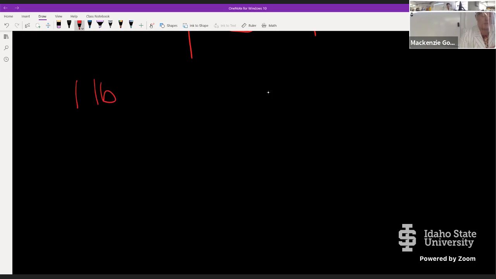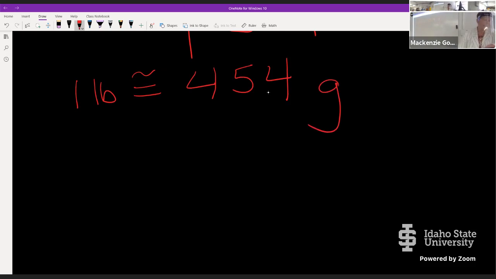1 pound equals approximately 454 grams. It's actually 453.6, but this is close enough from what we're looking at.